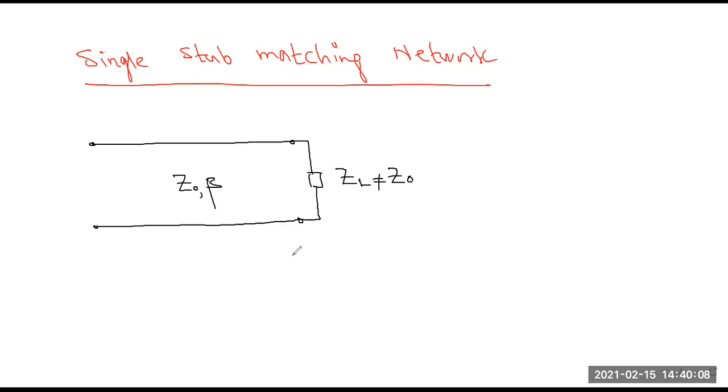So there are two possibilities. One possibility is that we can connect our stub in parallel configuration, and that circuit will be known as shunt stub. We have two choices.